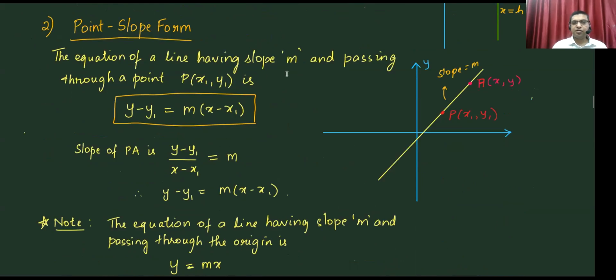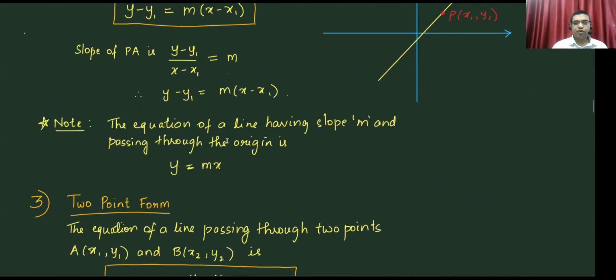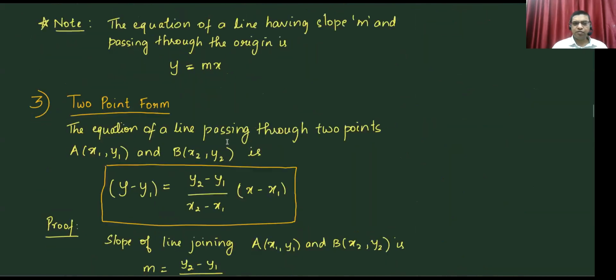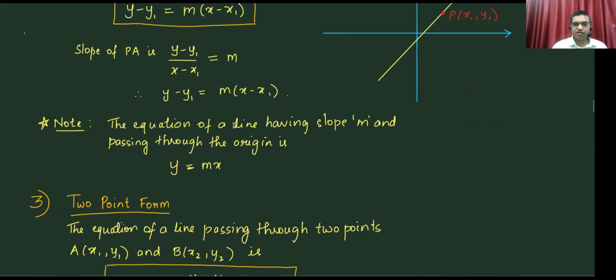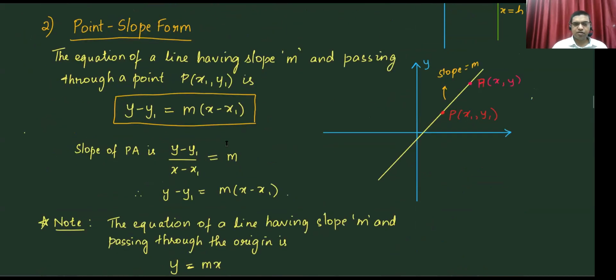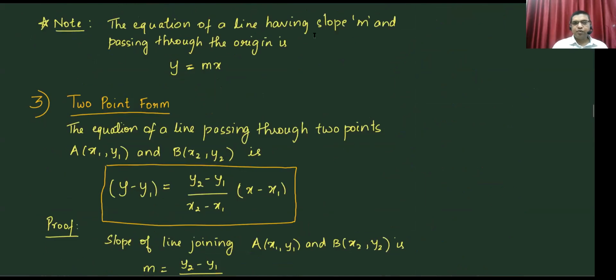Equation of a line having slope m and passing through a point P (x1, y1) is y minus y1 is equal to m into x minus x1. If you don't remember, the proof is nothing great. It is just a simple concept. An equation of a line having slope m and passing through origin is y equal to mx.